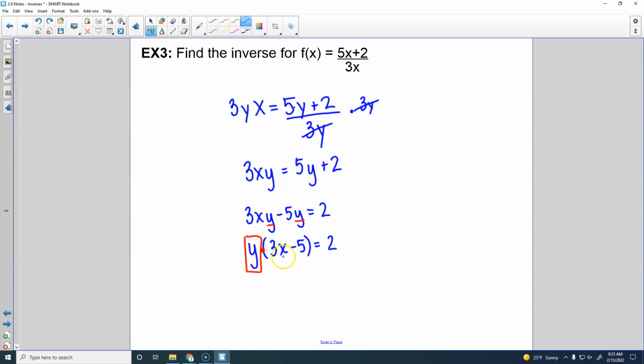So I can divide both sides by what's in the parentheses, and it will cancel. And we will get y equals 2 over 3x minus 5. And actually, let's replace that with our inverse, so that'll be f inverse of x.